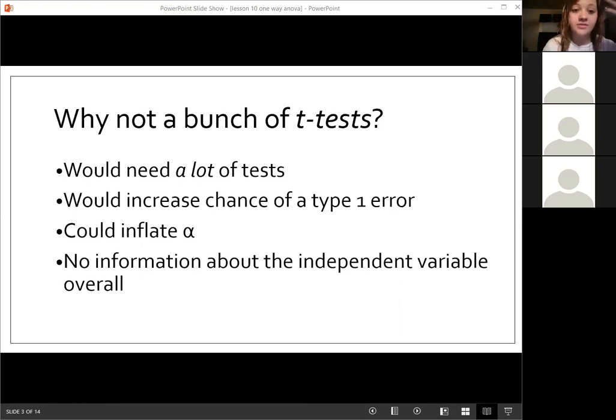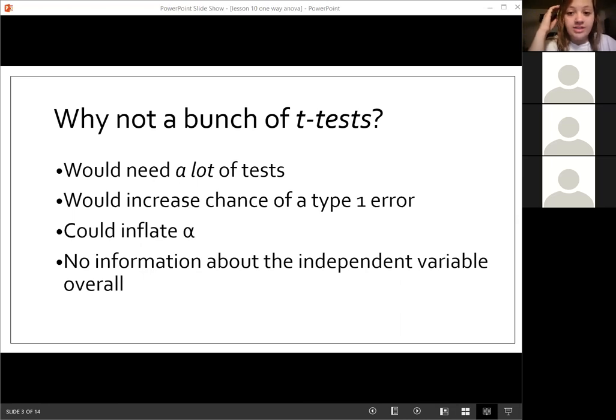And remember, the more tests we do, the more we increase the chance of having a type 1 error. Remember, type 1 is the incorrect rejection of a true null hypothesis. So reject the null when it was actually true. Say that there's a change when actually there's no change.